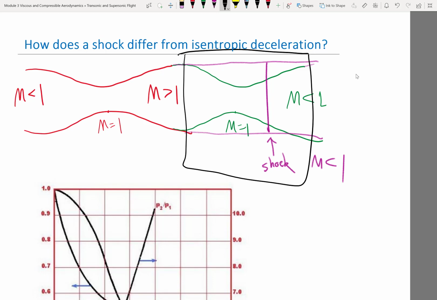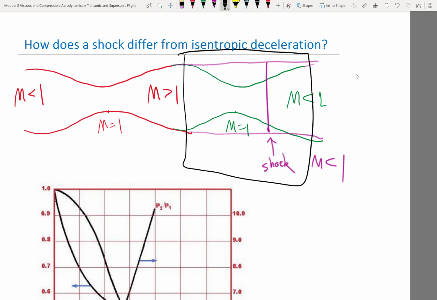Is that force there in the purple case? No, right? Because the area is constant. So the conservation of mass and the energy equations are the same, but the conservation of momentum equation has an extra term in the green case.